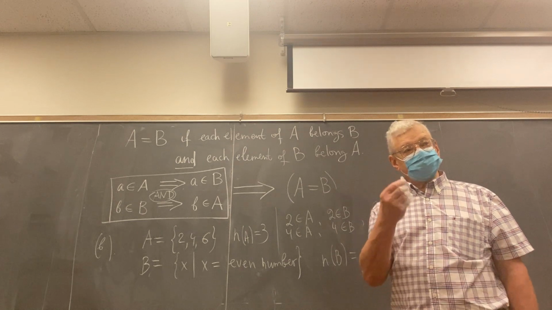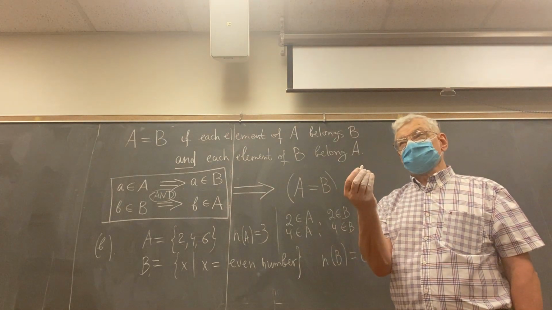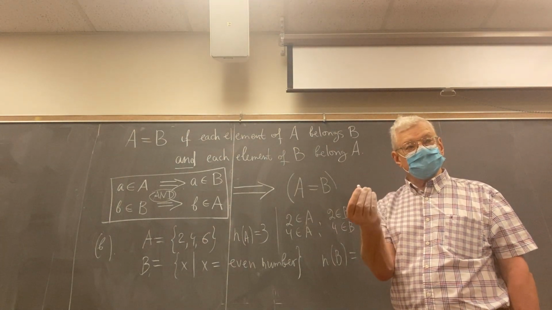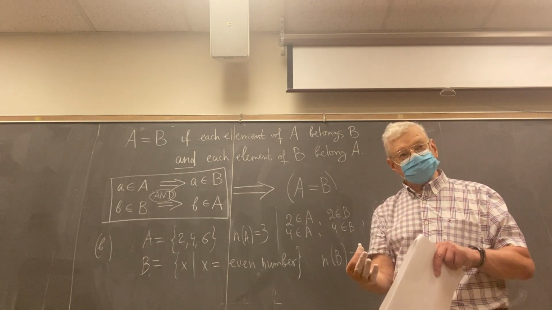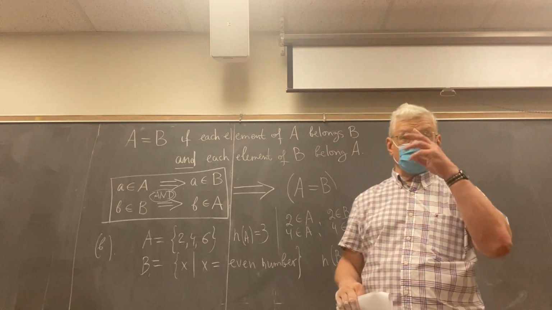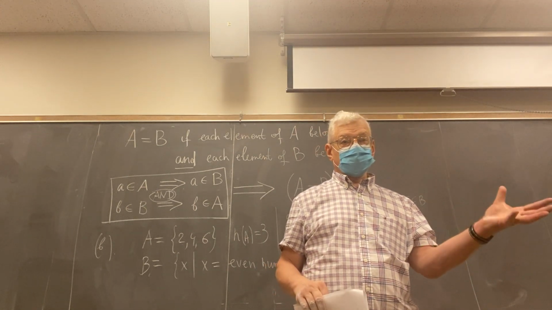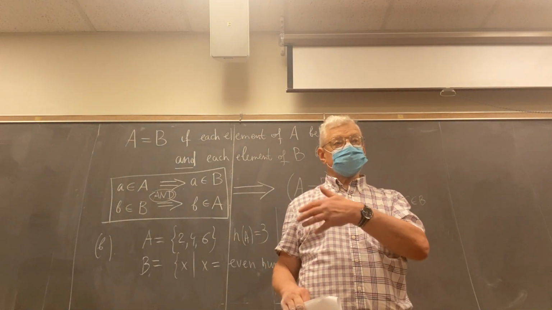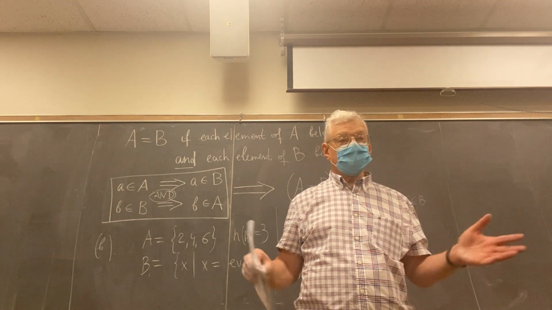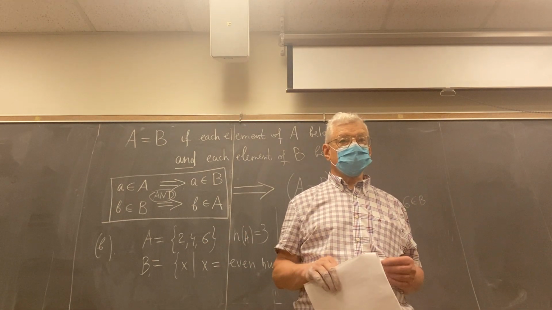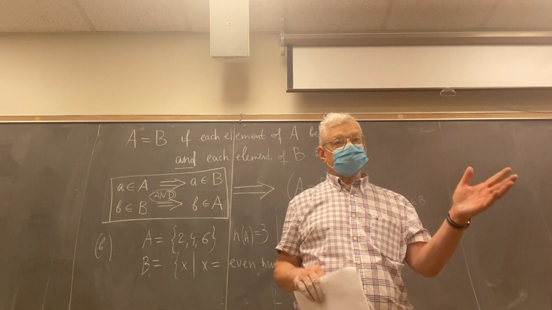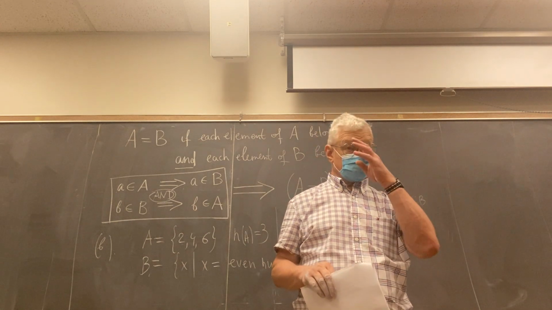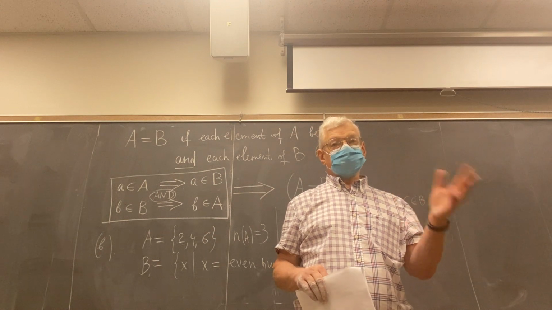So cardinality is a property that distinguishes between infinite sets and finite sets. Now, if you have one set with 5 elements and another set with 7 elements, can they be equal or not? Set A has 5 elements, so cardinality is 5. Set B has 7 elements.